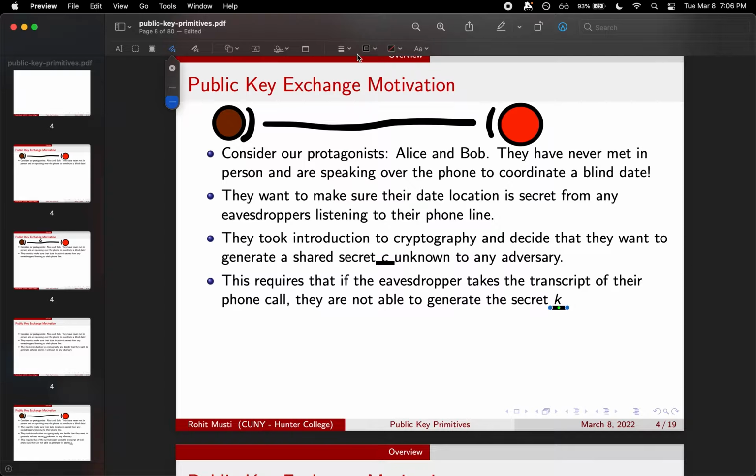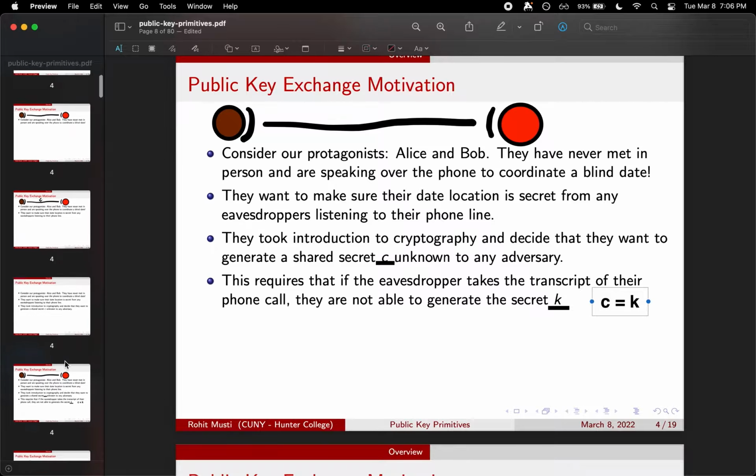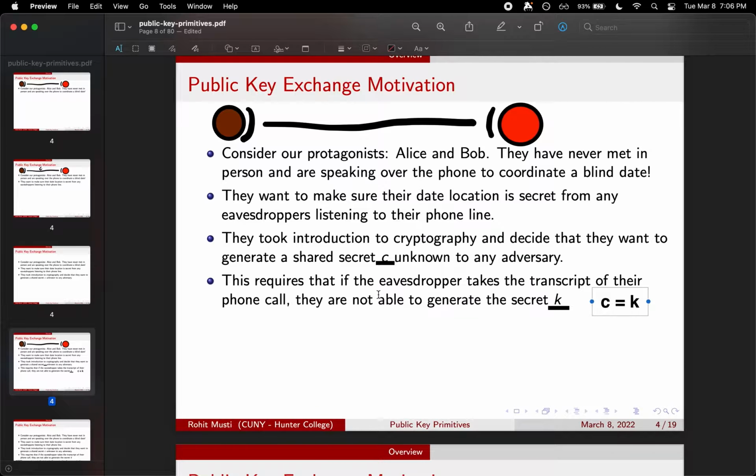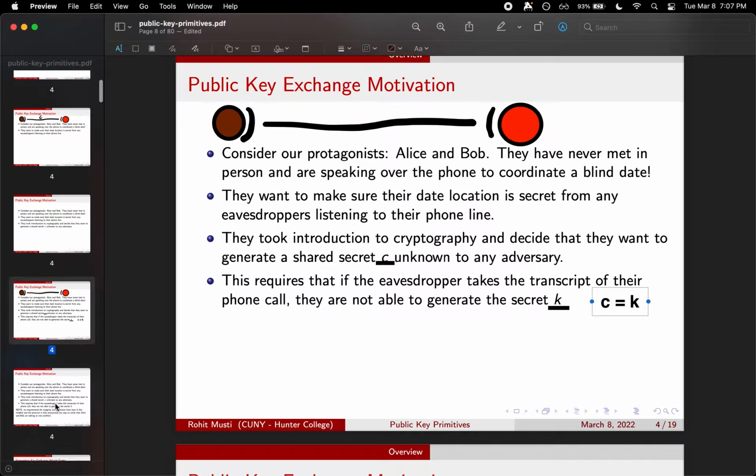To make things simpler, let's just add a note here that we know that C equals K. We'll move that text box out of the way. So as a reminder, it's just C equals K there. That's all you need to know.